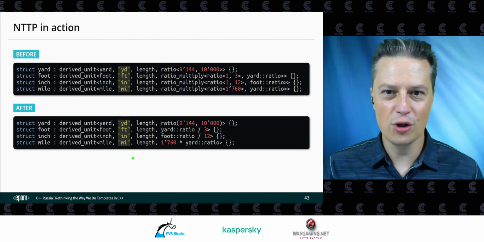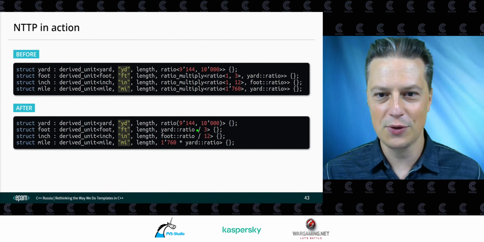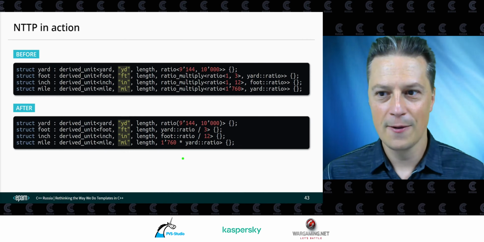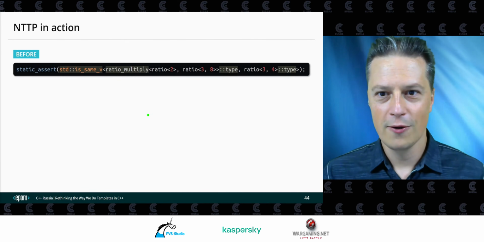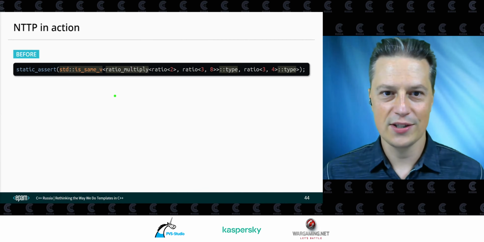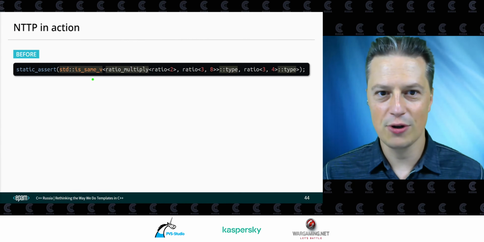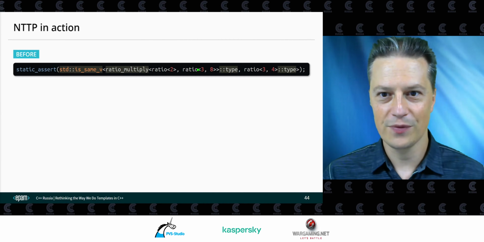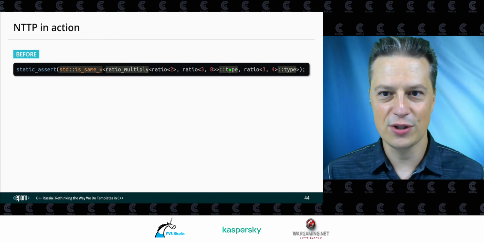So how did it affect my code besides such stuff? Actually, this is not the implementation I'm using in the physical units library, but this allows it. I'm using a bit different implementation, but the other examples are exactly from my library. First of all, my unit tests simplified a lot. For std::ratio, I had to use ratio multiply to multiply two ratios, then take the inner type from the ratio, this normalized type, and compare it with another normalized type.